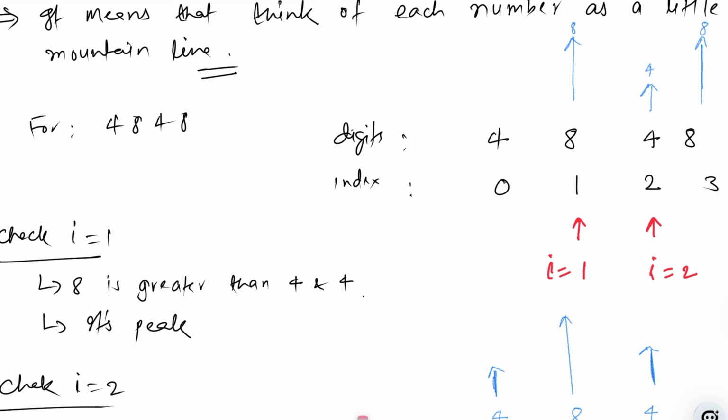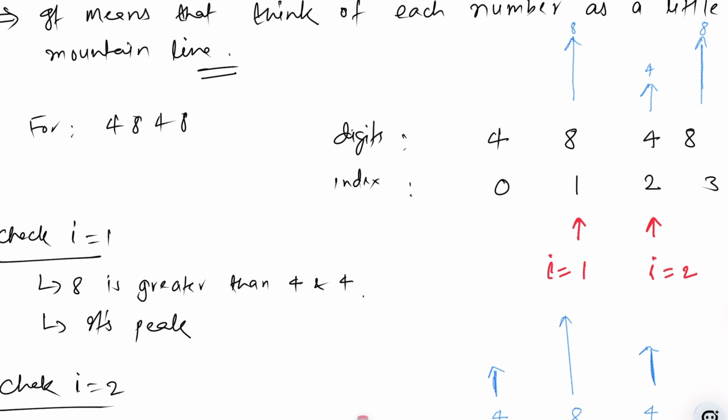There we check this digit with its neighbors, which gives 4, 8, 4 in the digit sequence, so it looks like a mountain that starts like this and goes like this.